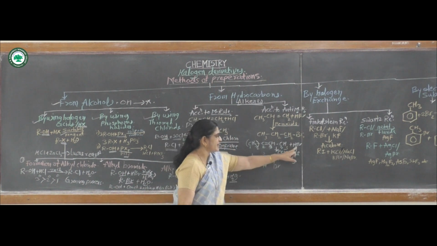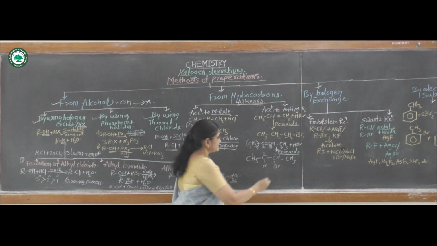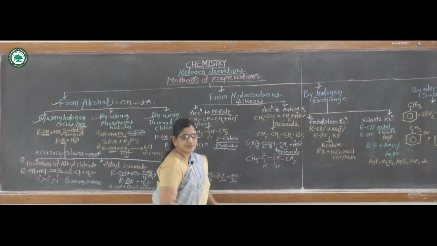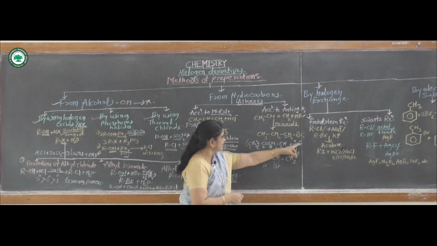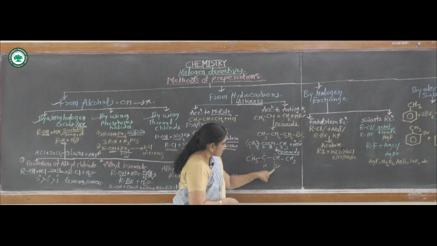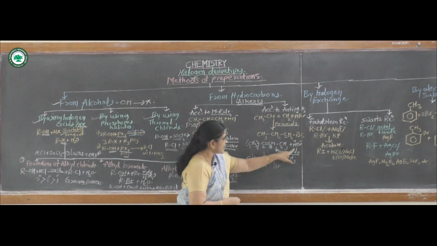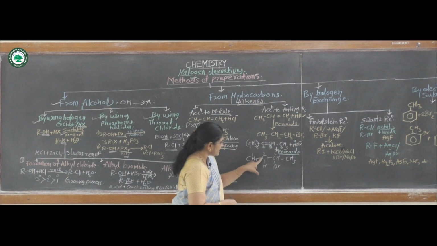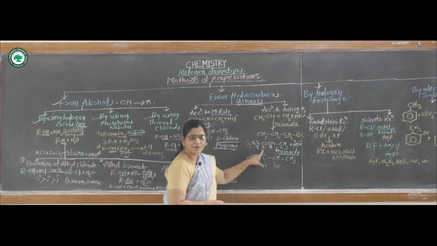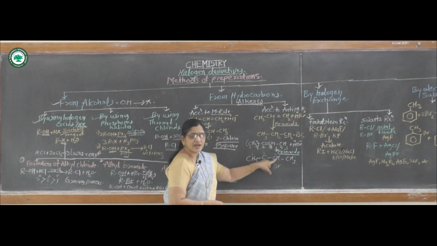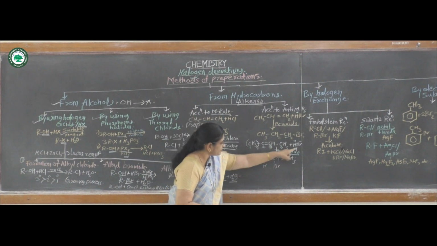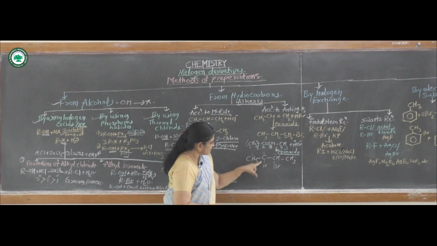Then, in presence of peroxide, reaction with HBr. Again here H has positive charge, bromine has negative charge. Then according to anti-Markovnikov's rule, or according to the peroxide effect, the negative part gets attached to that carbon atom which carries more number of hydrogen atoms, and the hydrogen atom gets attached to that carbon atom which carries less number of hydrogen atoms. On the second carbon atom there is no hydrogen atom, and on the third carbon atom there is one hydrogen atom. Hence the bromine atom gets attached on the third carbon atom, and the hydrogen atom gets attached on the second carbon atom.